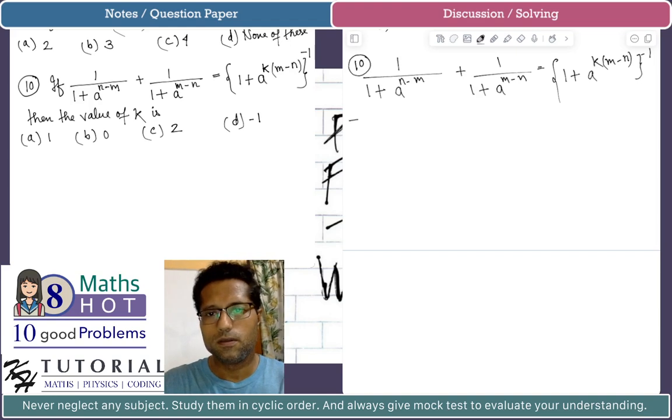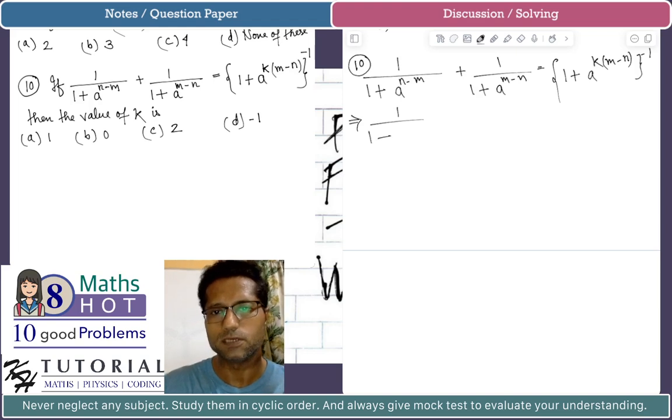Now let's simplify the left hand side. We get 1 by 1 plus a to the power n minus m, meaning a to the power n divided by a to the power m.